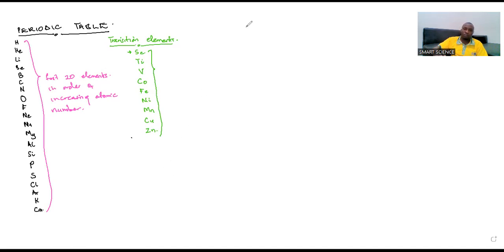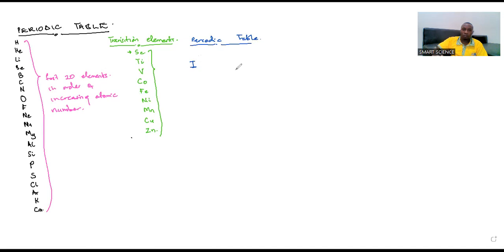So when it comes to the periodic table, if this is our periodic table, we are going to find out that it has different groups. We have group 1.